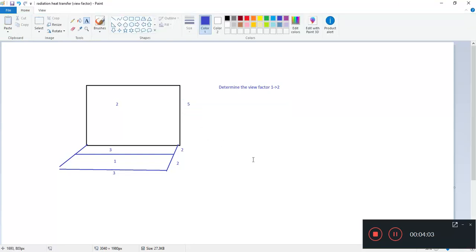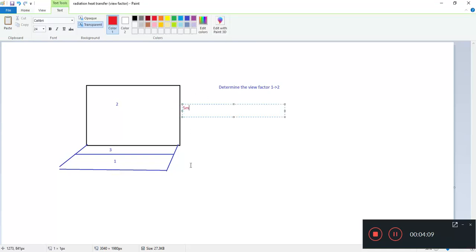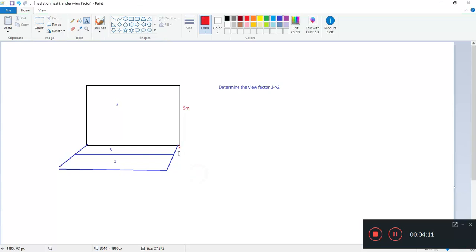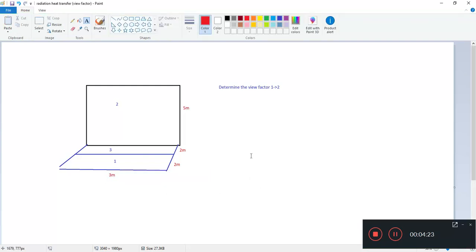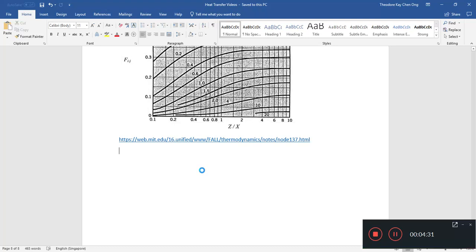So let's see how we are going to use that chart. Okay, let me use a different color scheme. 5 meter, 2 meter, 2 meter, 2 meter, and 3 meter. This is a standard textbook problem. I'm going to select this and paste it here.